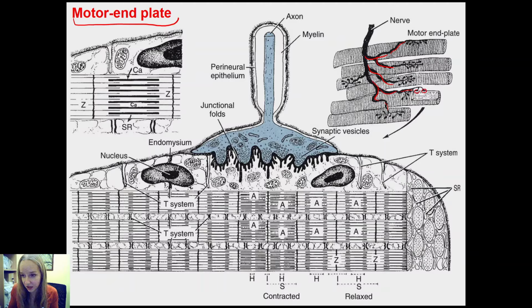You can see these widenings right here, and these are called terminal boutons. So we can see one terminal bouton or terminal knob here, which contains synaptic vesicles. We can also see mitochondria here, and these synaptic vesicles contain acetylcholine, the mediator.